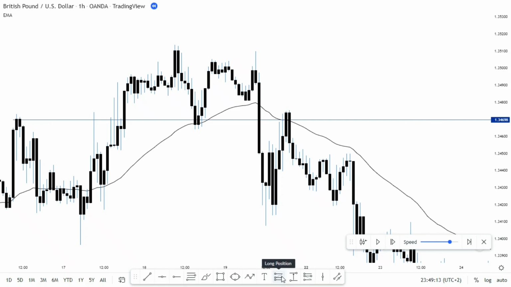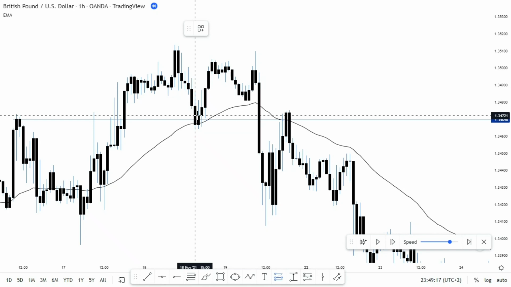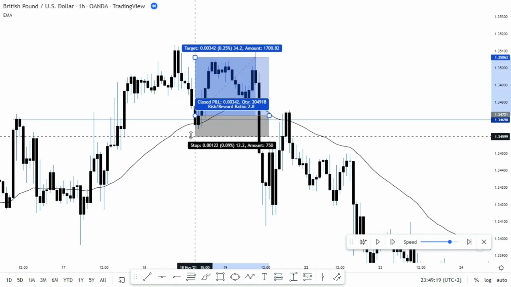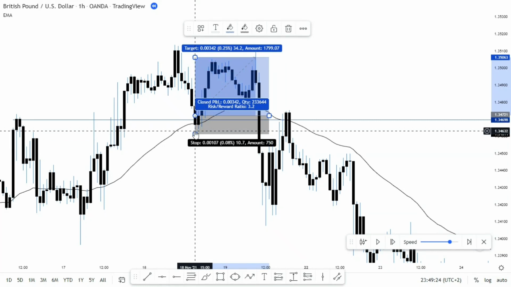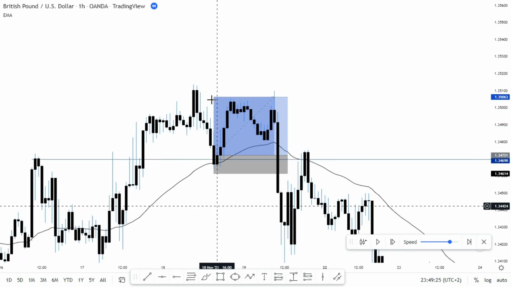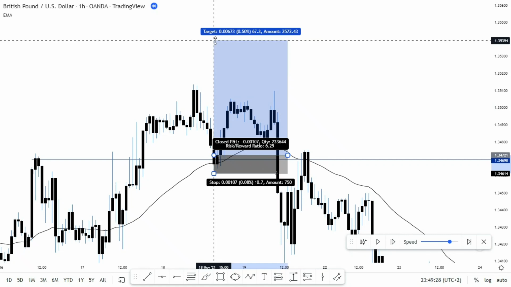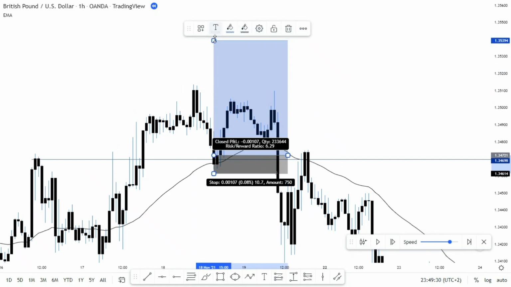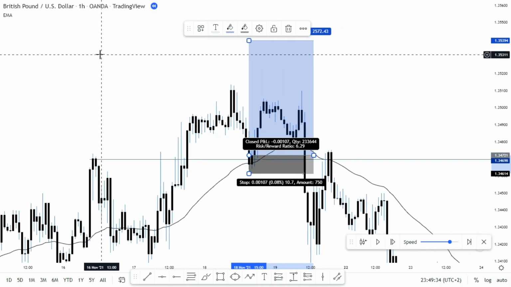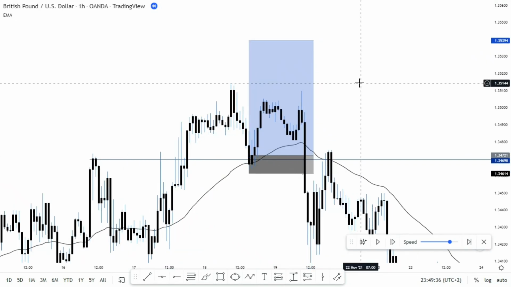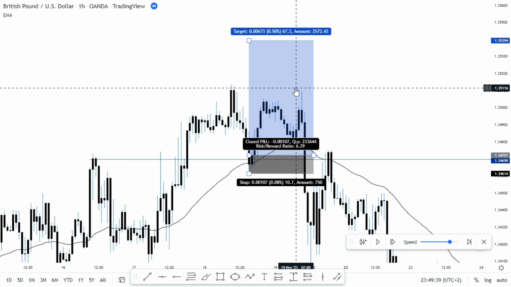We scale down, we look for an entry on either the 30 minutes or even the 15 minutes, right? Let's say we got our entry, stops below number one, the 50 EMA, and number two, the previous week. Right, checklist done. Target number one would be here, and number two would be the next structure that you would look for when you look left.